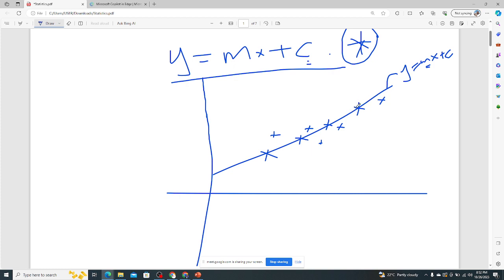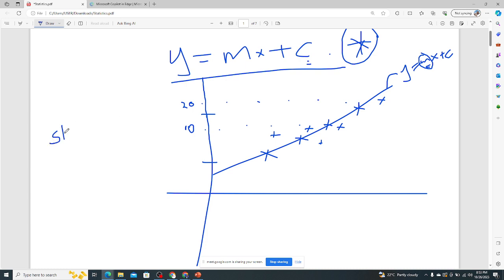Let's assume we have one point as 20, and another point here as 10. Of course, we have 15, we have 5. This is just an illustration, it can be a perfect plot. So that is a way of calculating slope.